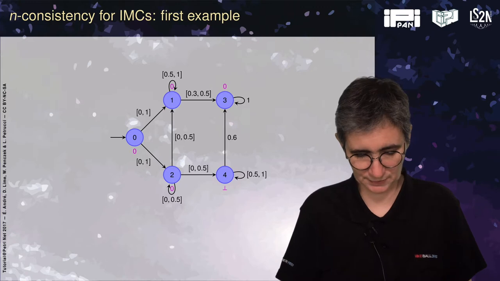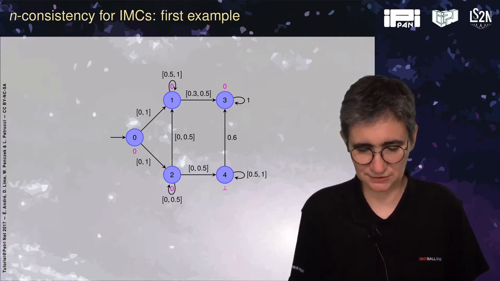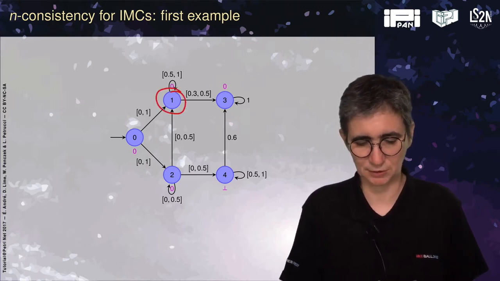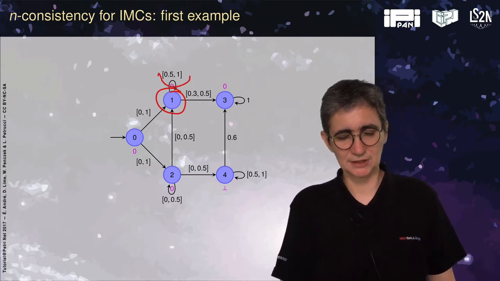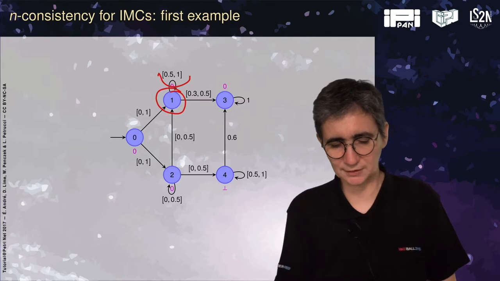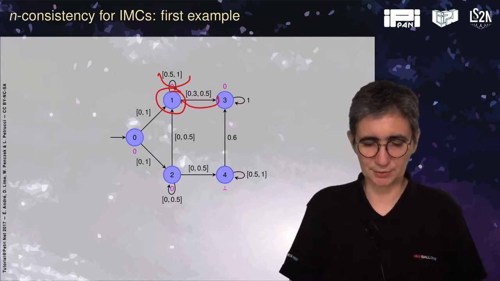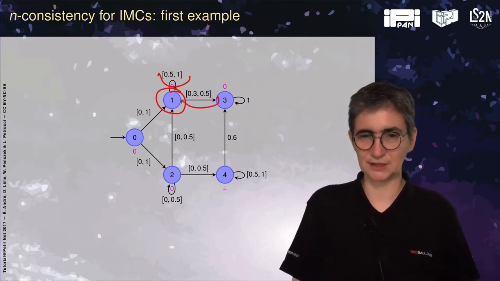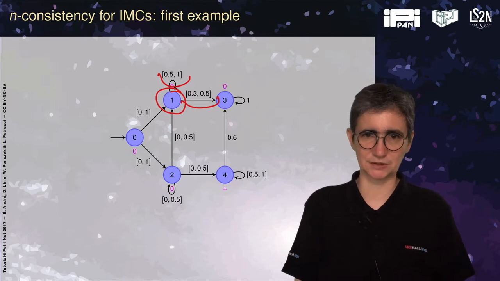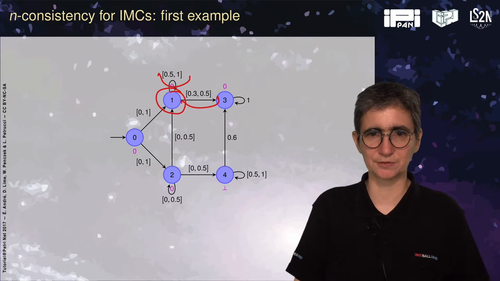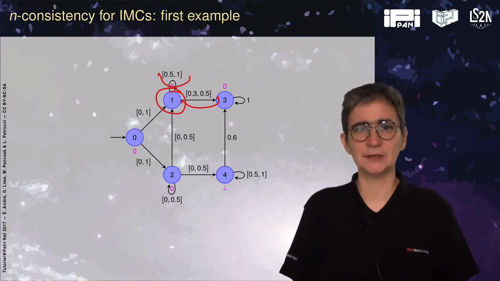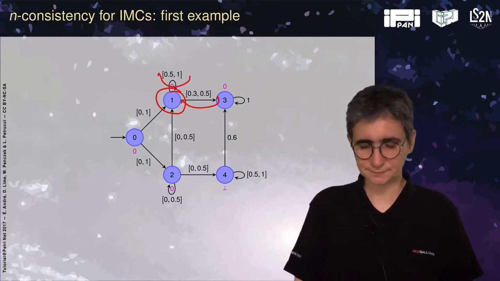So, for example, if I consider state 1, here I have to choose a probability between 0.5 and 1, and here a probability between 0.3 and 0.5 such that the sum is equal to 1. So if I choose 0.5 for each of them, that is fine.